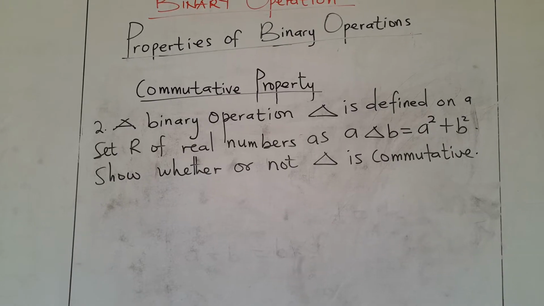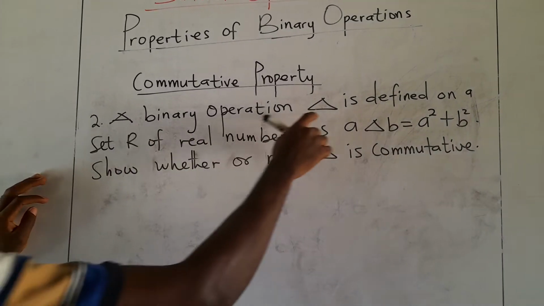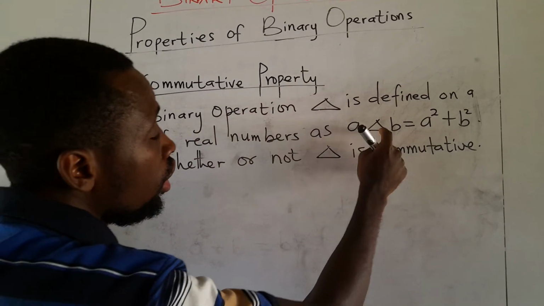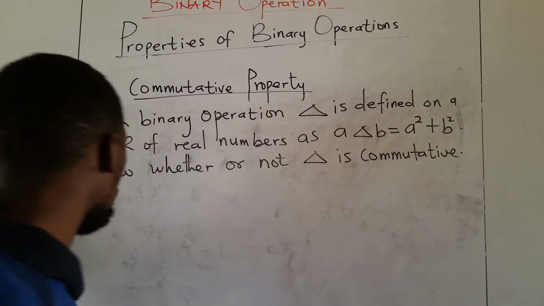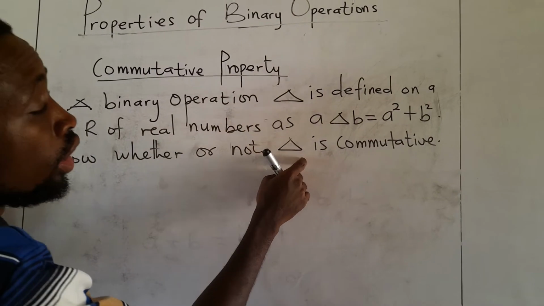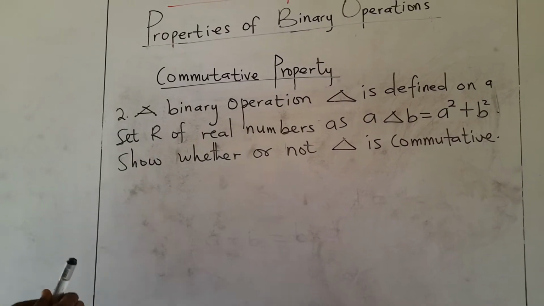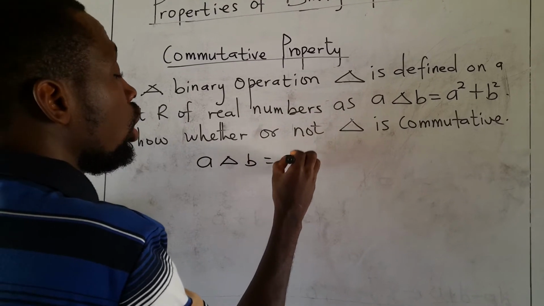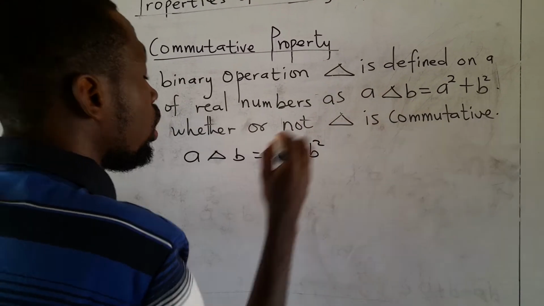So let's look at our second question. They say a binary operation delta is defined on the set R of real numbers as A delta B is equal to A squared plus B squared. Show whether or not delta is commutative. Remember, A delta B is equal to A squared plus B squared.